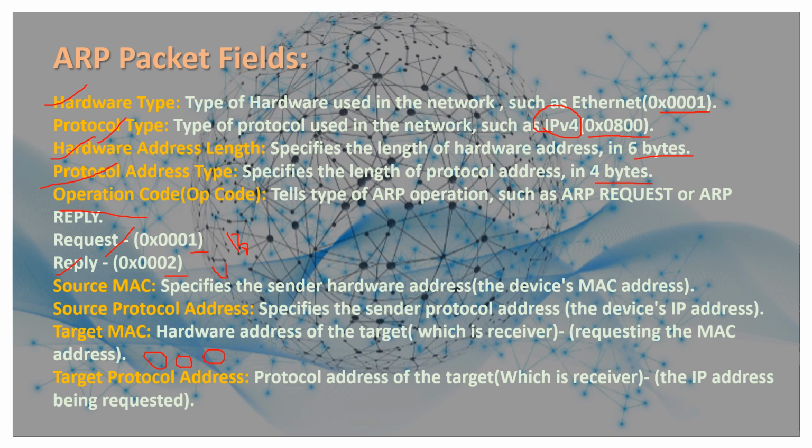I will show you the difference, where it's set to FFFF and where it's set to 00. If you look at the ARP header, you can see the MAC address field is 00. If the ARP packet is not aware of the MAC address, then all fields are set to 00. And the target protocol address is the receiver's IP address.